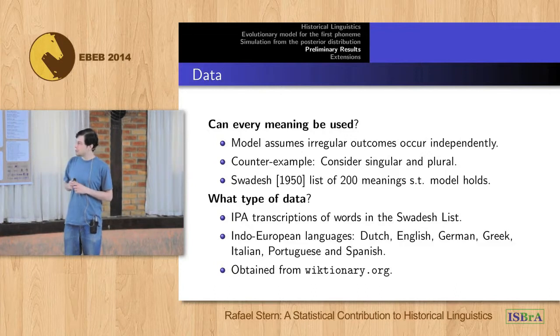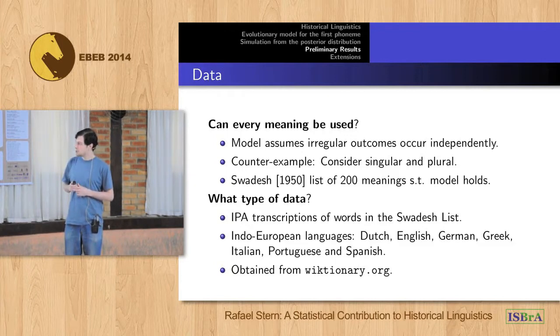And in order to do that, we used a Swadesh list, which was developed by this linguist. And he tried to build 200 words that are very resistant to borrowing and also to change. And we are using these 200 meanings, so that then the conditional independencies in the model can be justified.